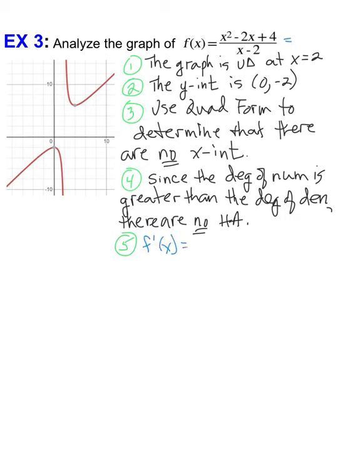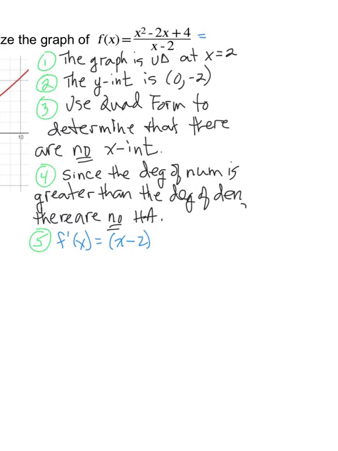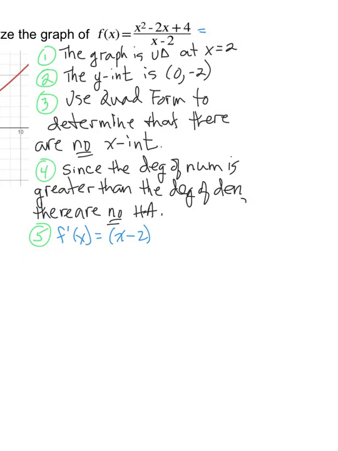First derivative is equal to x minus 2. Oh, I might not have room on here. I might have to move it over. Let's do that. It'll just make life easier.